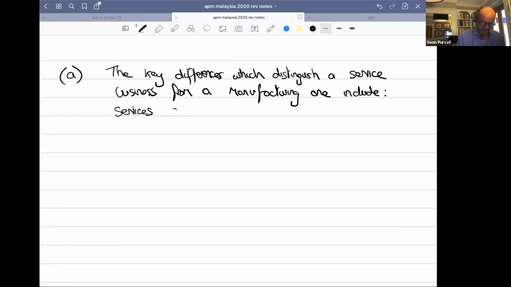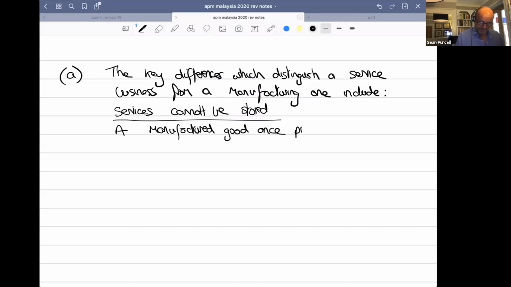Services cannot be stored. Underline. A manufactured good, once produced, can be stored for usage later.